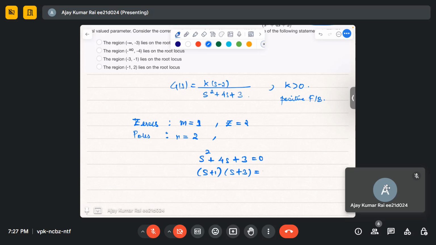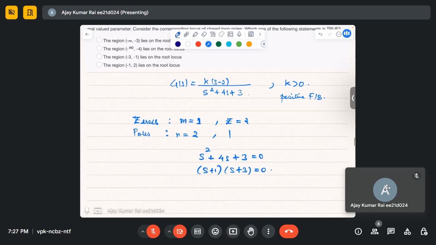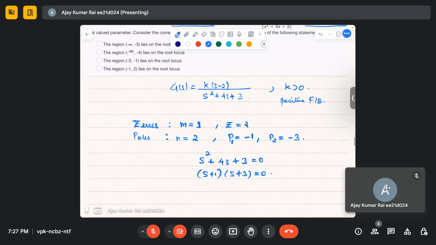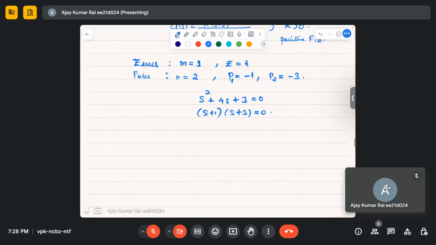Okay, so it can be factorized in this way. I hope this is correct. So one pole, let me call it p1, is at -1 and the other pole will be at -3.